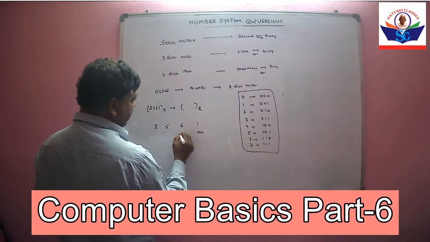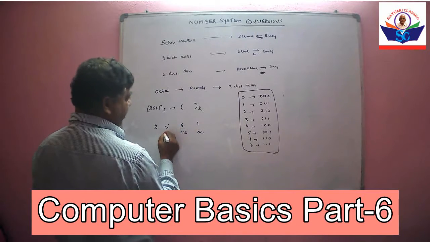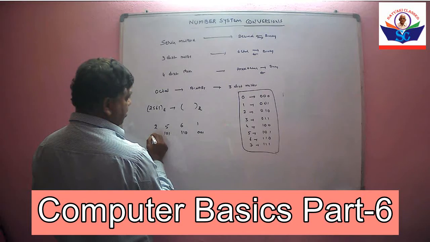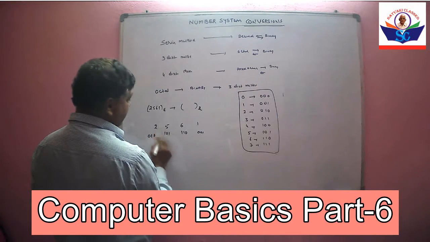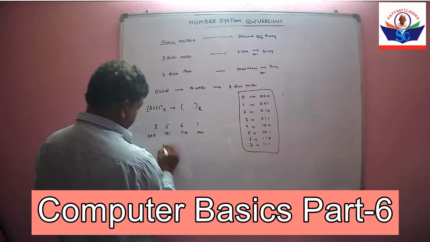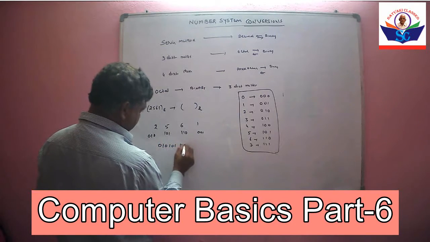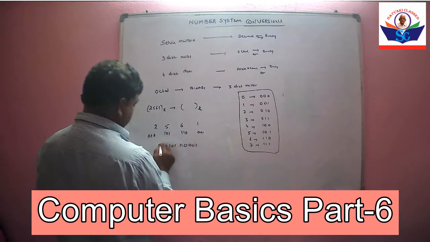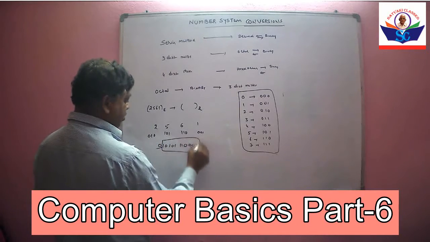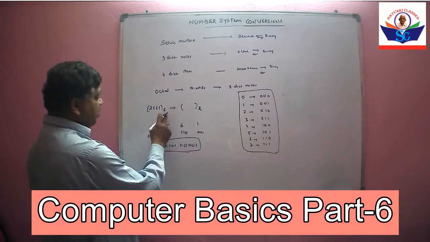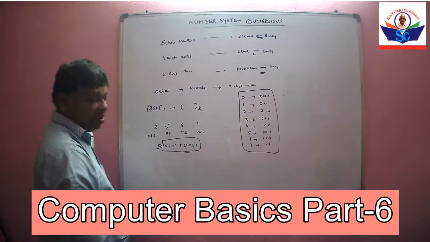For 6 it is 110. For 5 it is 101. For 2 it is 010. Now 0 1 0 1 0 1 1 1 0 0 0 1. Remove this leading 0. This is the binary number equivalent to the octal number 2561.